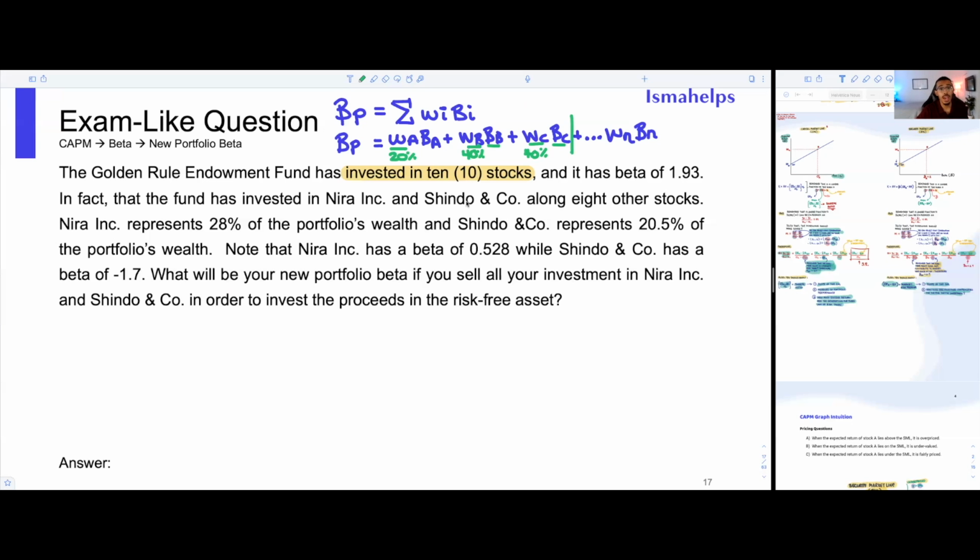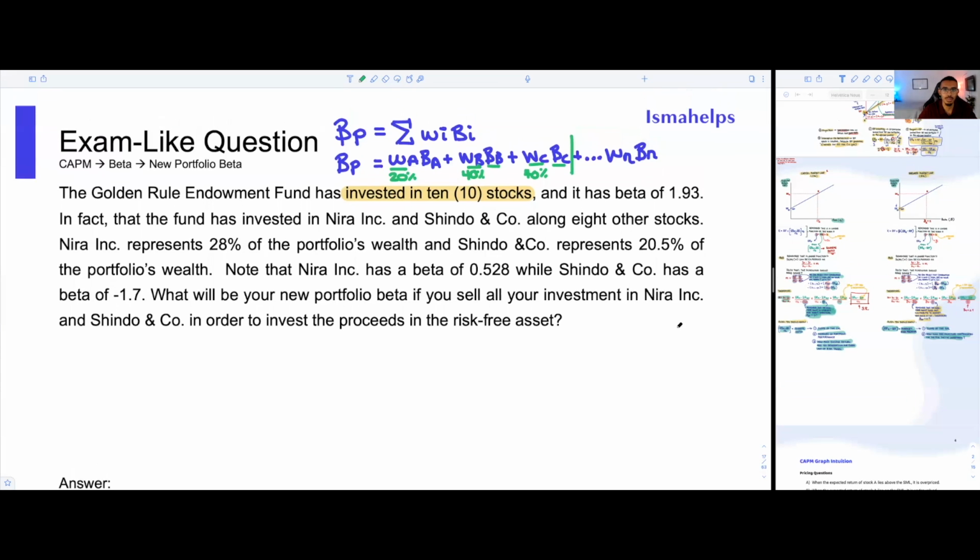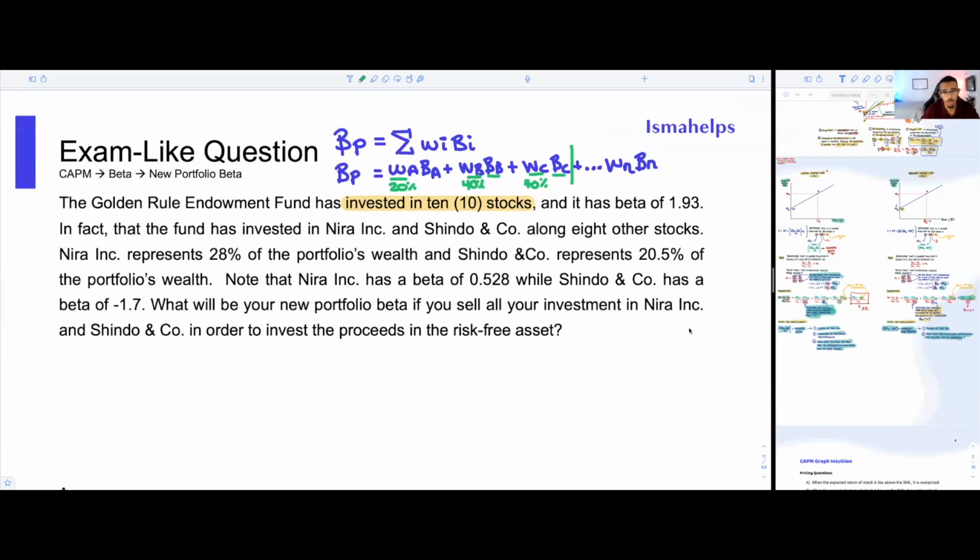In this case, we have 10 assets, and I'm going to showcase what that formula would look like for these 10 assets.